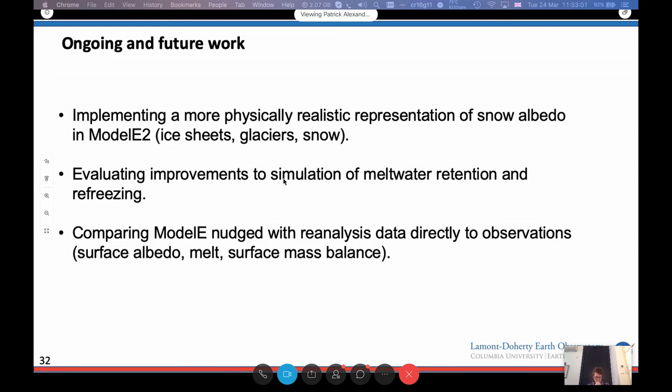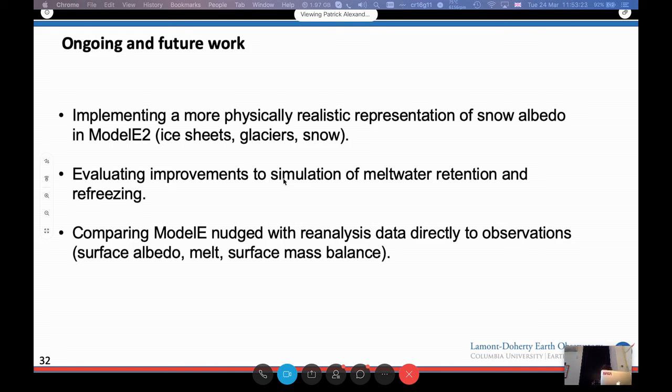And of course, ultimately, what we want to do is improve the simulation over all land ice areas and really start to capture all these feedbacks between the different processes. This is just a preview of this work with the SNICAR radiative transfer model.